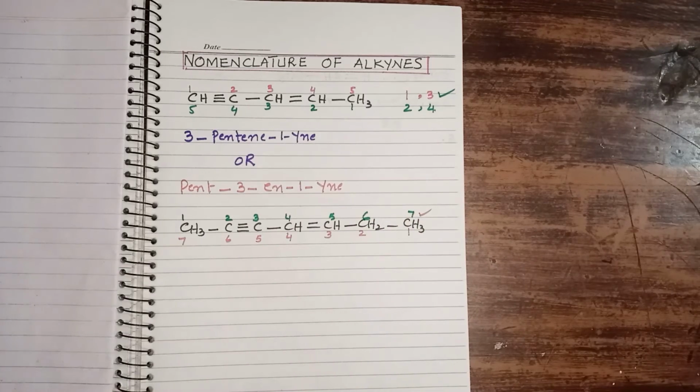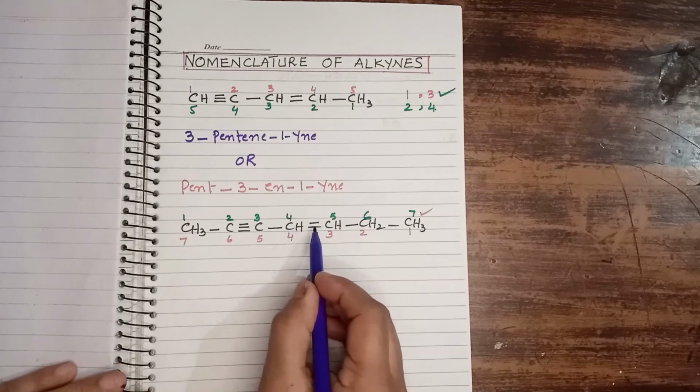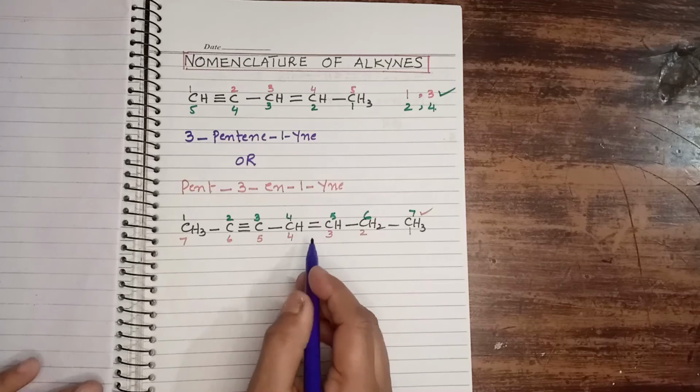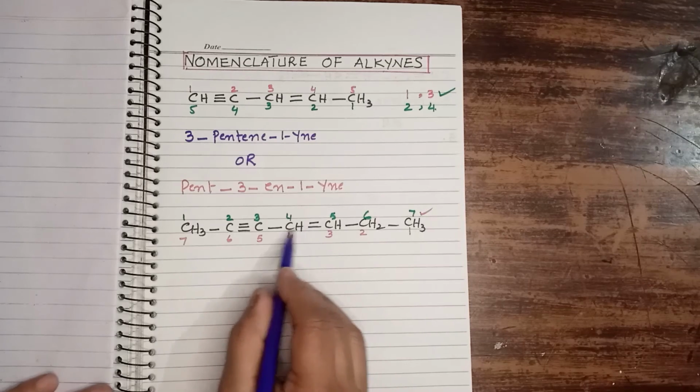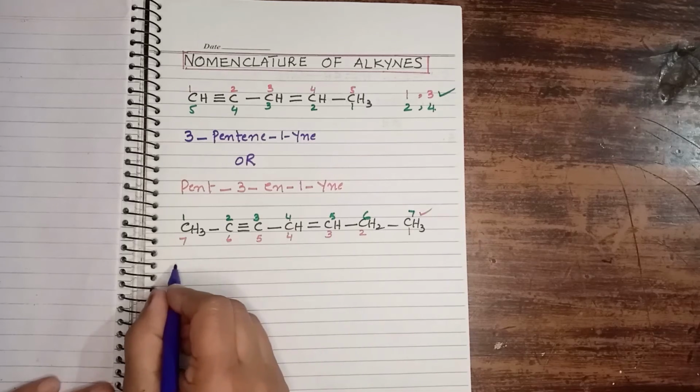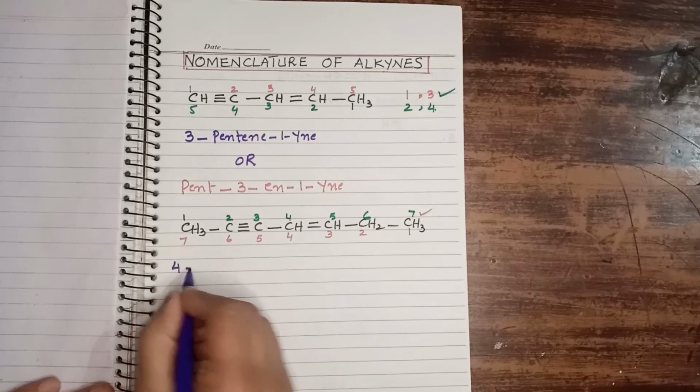Now assign the IUPAC name to this molecule. Whatever is the position of double bond in the molecule, first of all we will write the position of double bond, right, and then we will write the position of triple bond. So double bond is present between carbon number 4 and 5, so IUPAC name of this molecule is 4.